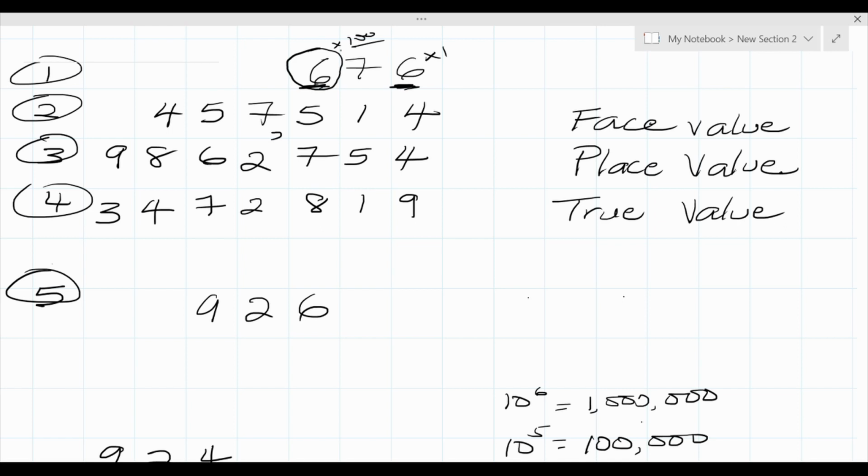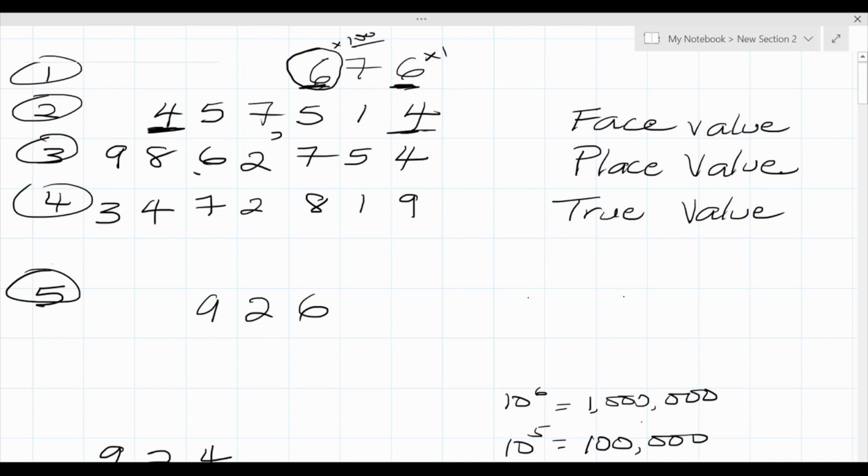Number 2, in the number 457,514, the 4 in the 100,000 place is dash the value of the 4 in the ones place. So here we have that one. So we have that 4 here, this 4, and this 4.